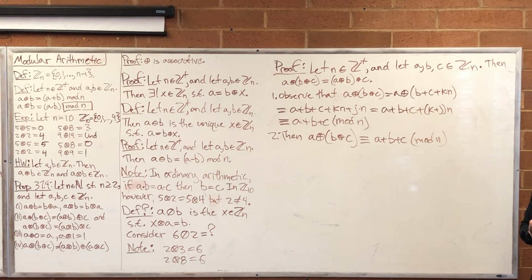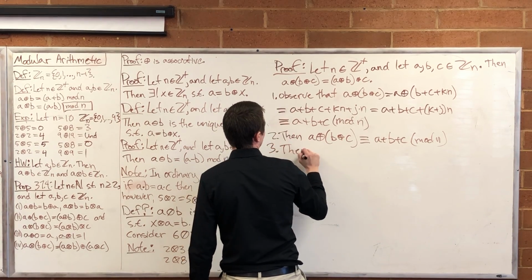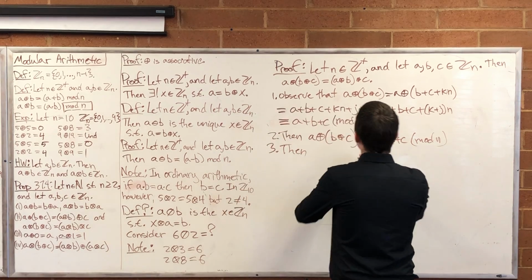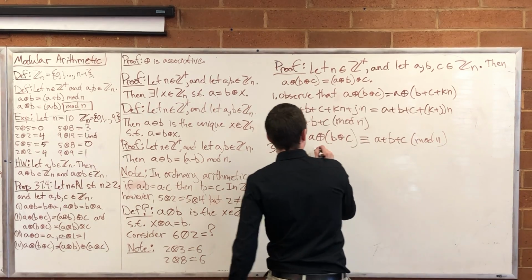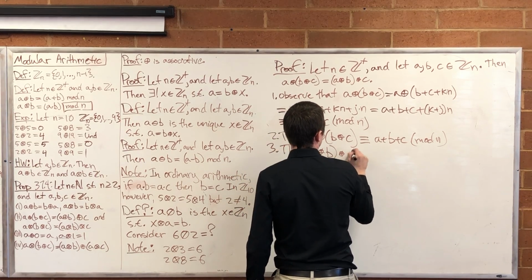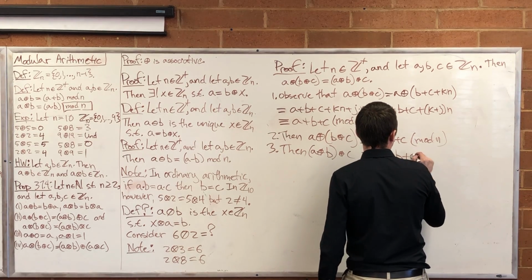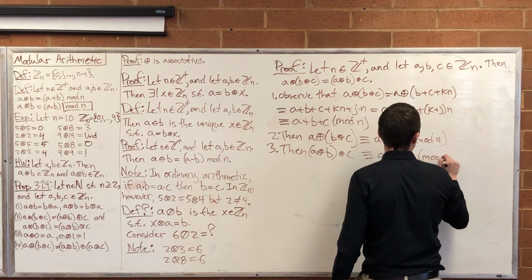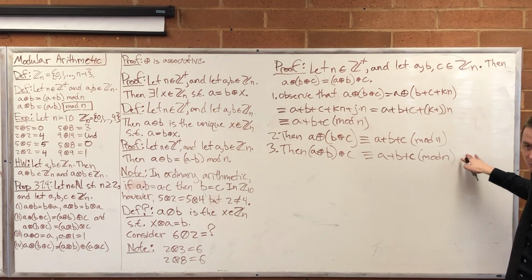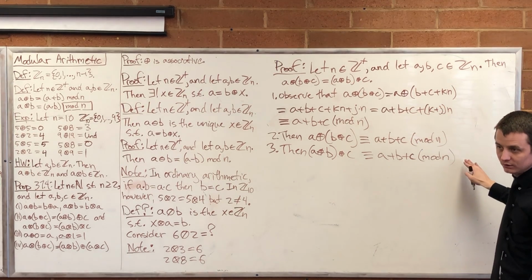Good? Yeah. Okay. Then we do similar reasoning. Then, using the other one, just expanding it a little bit differently, we do, oh, that's not the one we showed. We showed, oh yeah, it is. So then we show that a plus b plus c is congruent to a plus b plus c mod n. It's going to be a similar type of thinking. We skipped a step, which is redoing this for the other expression. Right?